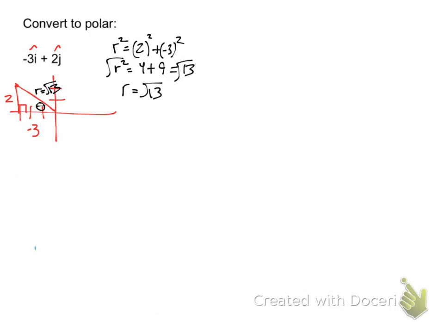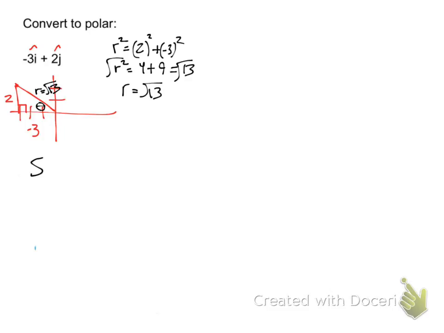Then I have to find theta. Well, if I'm sitting at theta's perspective, 2 is what? It's the opposite. Negative 3 is the adjacent.